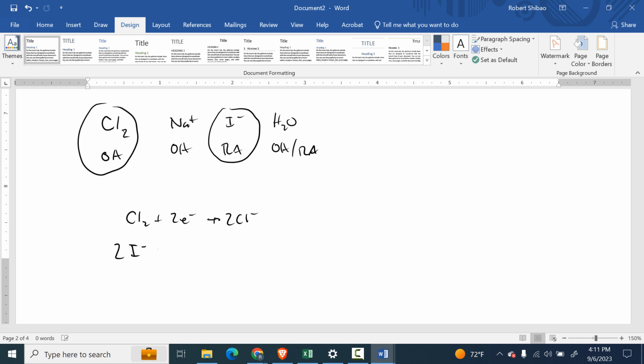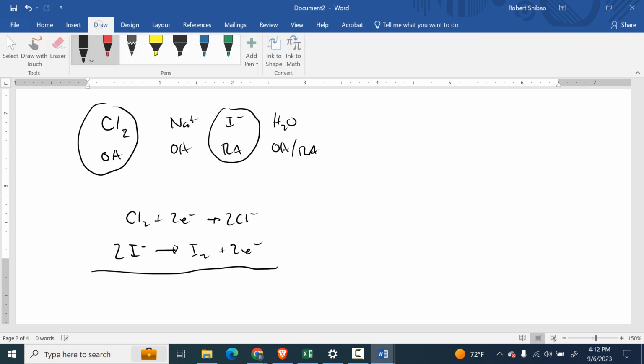If I do that, then 2 iodides go to iodine, I2, plus 2 electrons. We have 2 electrons on the left and 2 electrons on the right. The electrons have to cancel, and so that works out. Then we have chlorine plus 2 iodides yielding 2 chlorides plus iodine.